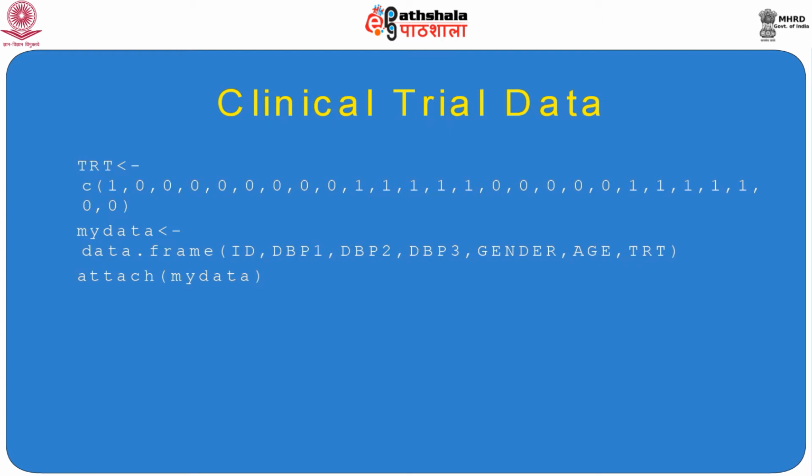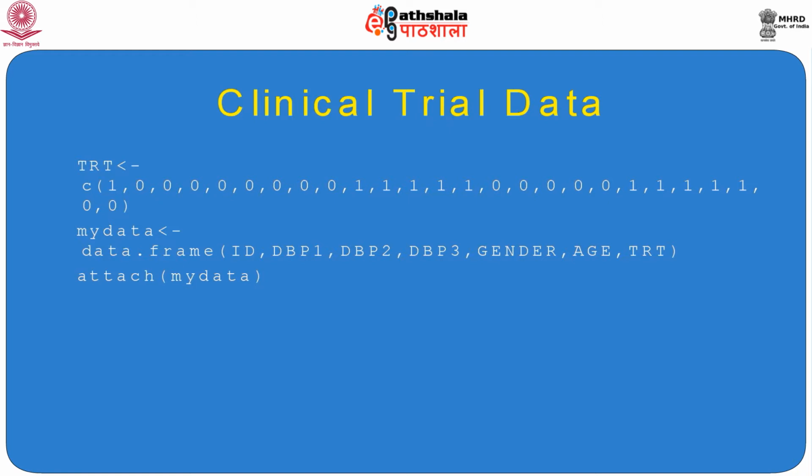So treatment has 2 values, either 0 or 1. 0 represents they were not treated and 1 represents they were treated, and this whole data set is assigned as mydata. Here we are not showing the other variable information like DBP2, DBP3, gender and age. The data set also includes the age of these 26 patients, and whether male or female, which is assigned as gender.